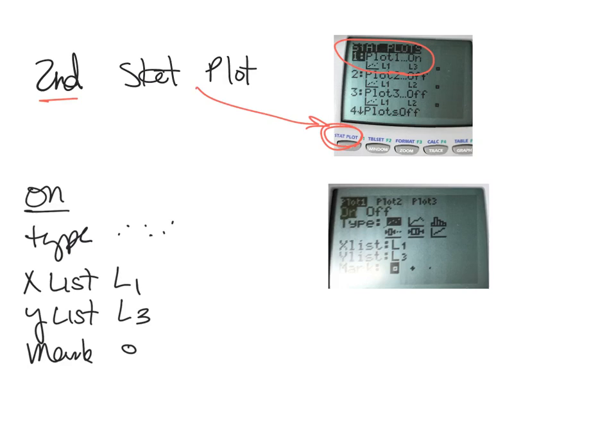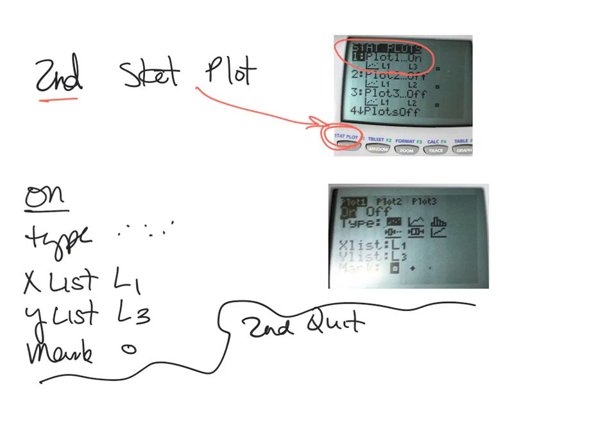Once you're done with that, you're actually going to hit second quit at this point. And then find the zoom button and then hit the number 9. And that's called a zoom, well, what is it exactly called? Zoom stat.